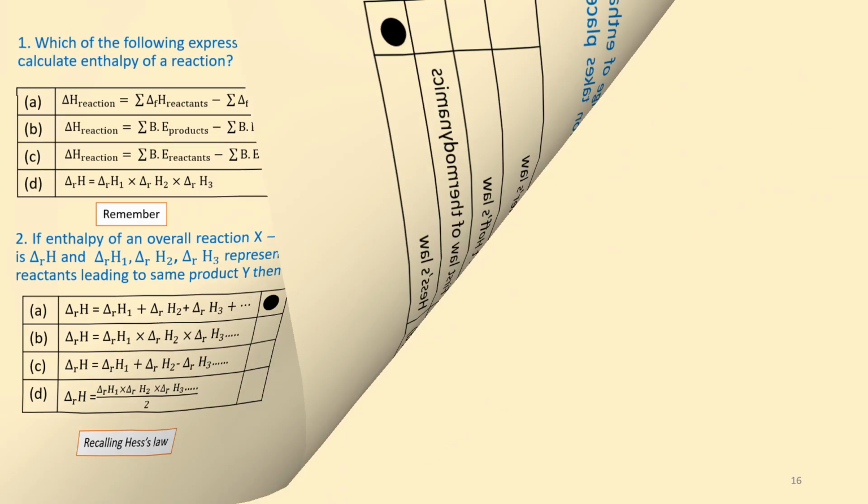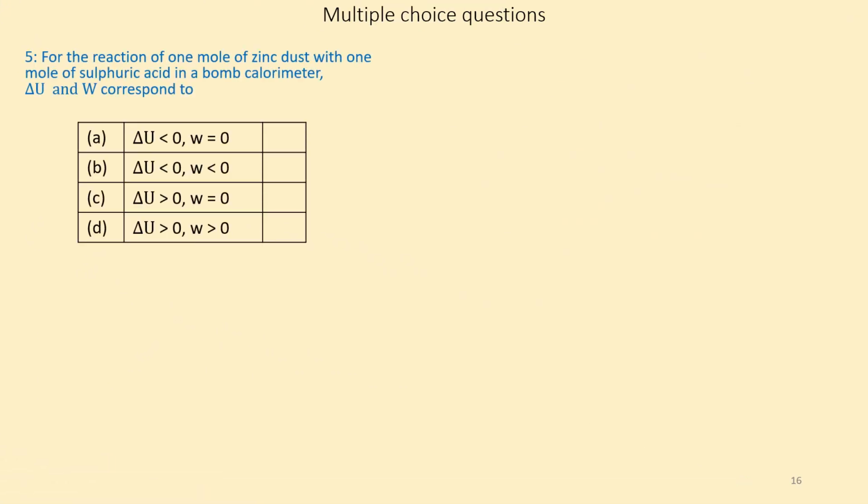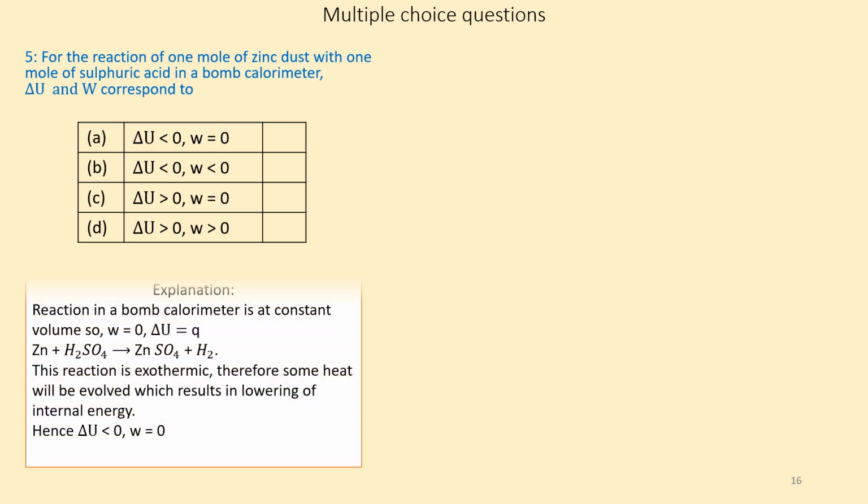Next question. For the reaction of 1 mole of zinc dust with 1 mole of sulfuric acid in a bomb calorimeter, delta U and W correspond to what? You have to mark the correct answer. Four options are given, and the explanation is given in the inside box. Reaction in a bomb calorimeter is at constant volume, so W equals 0.